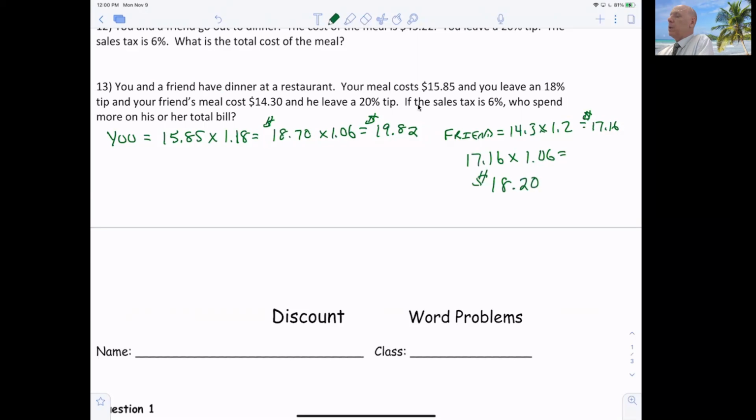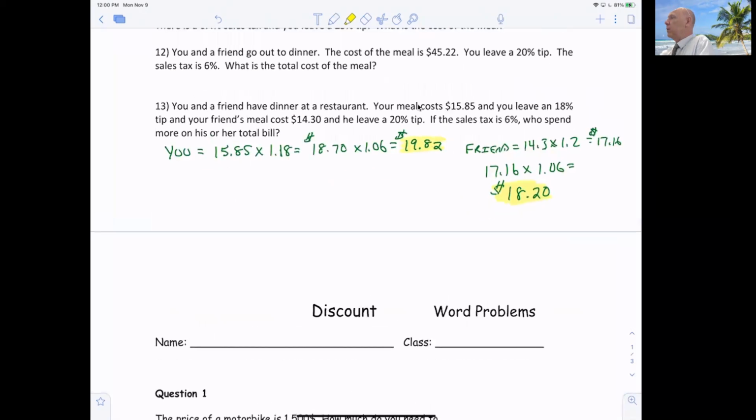Anybody else get 18.20? All right, so I'm happy with that. That's just two different ways. All right, totally good. All right, Jolie, did you do one?